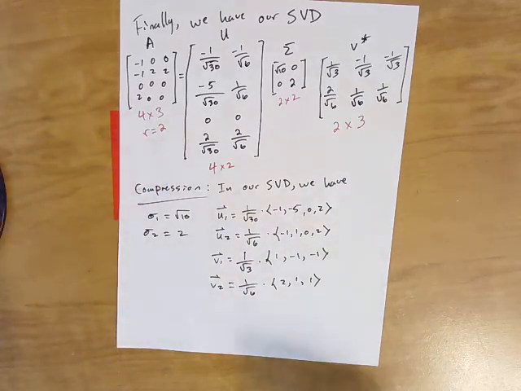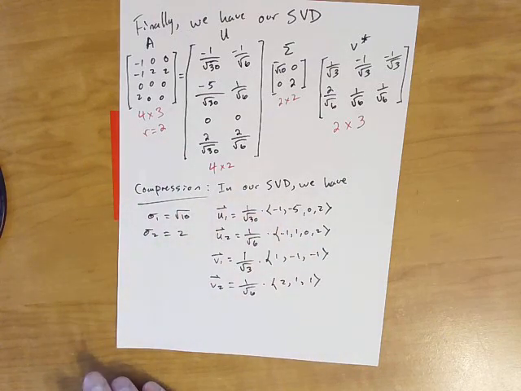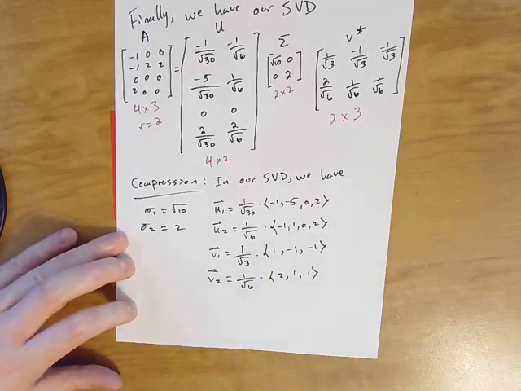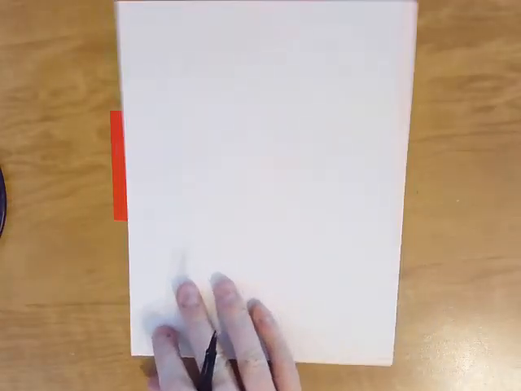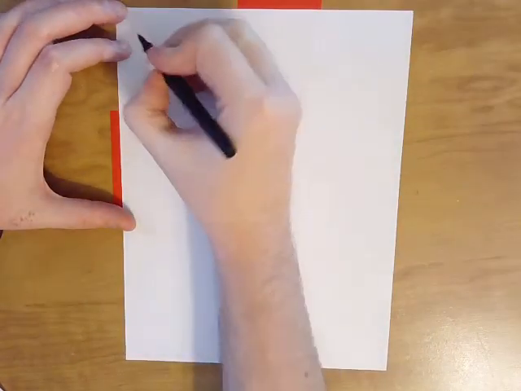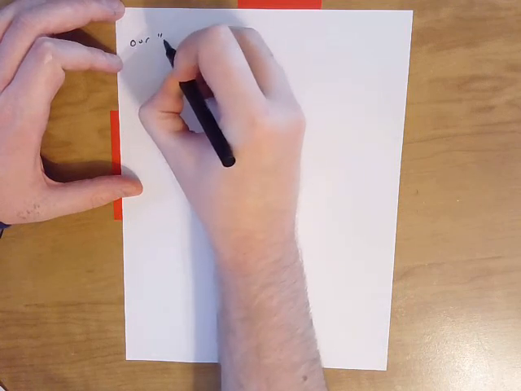So now the idea is that we can take this information and use it to write our compressed sum. So we can write our full compression, our so-called compressed sum.